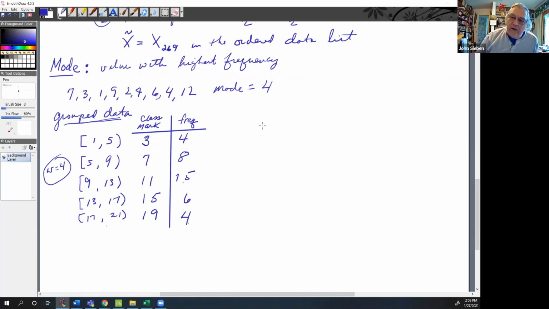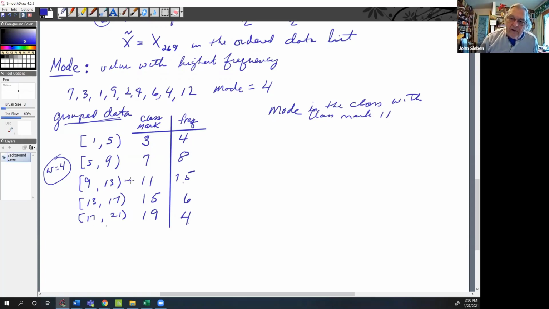And we can see at a glance here that the mode, that's the measure of central tendency or a measure of center, the mode is the class with class mark 11. This is the modal class.